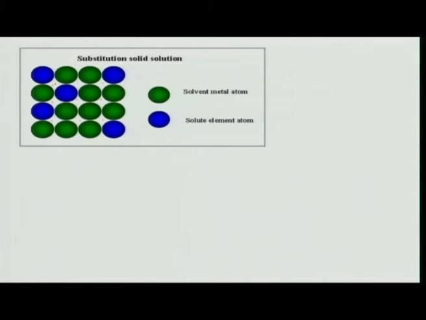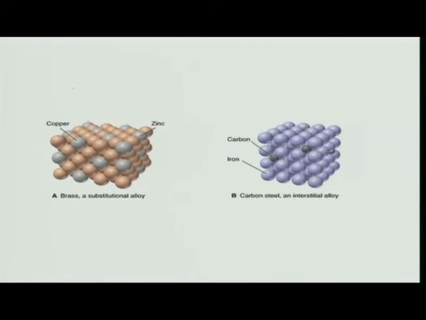Now if I have a small atom and I allow that atom to occupy this small space, then I form what is known as an interstitial solution, and that is what is shown in the 3-dimensional diagram. This is BCC iron, alpha iron, and there are voids in it. You see carbon atoms going to the voids. Our steel is like that. Steel is nothing but an interstitial solution of carbon in iron.